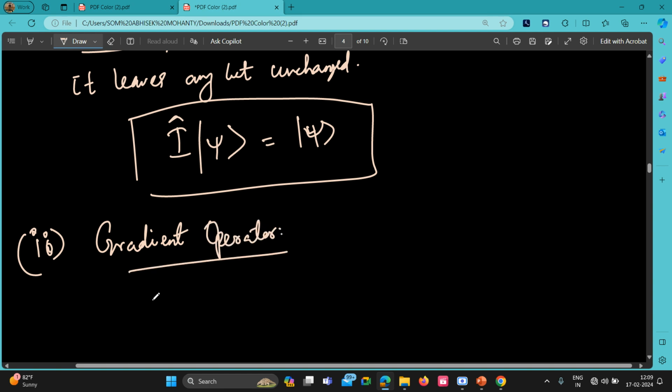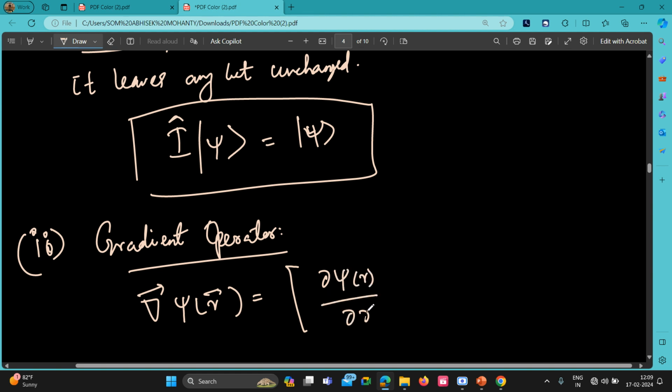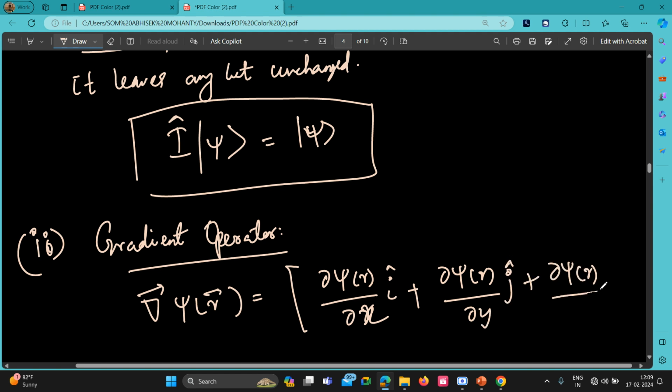Del psi r would be, if we write it, del psi r by del x i cap plus del psi r by del y j cap plus del psi r by del z k cap. Okay? So this is the gradient operator.